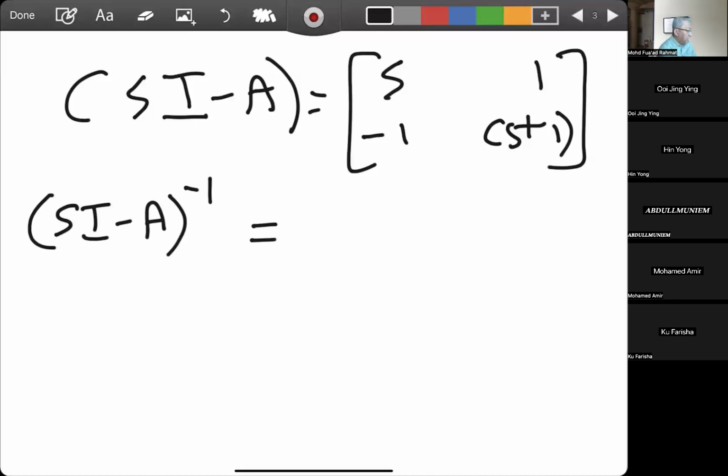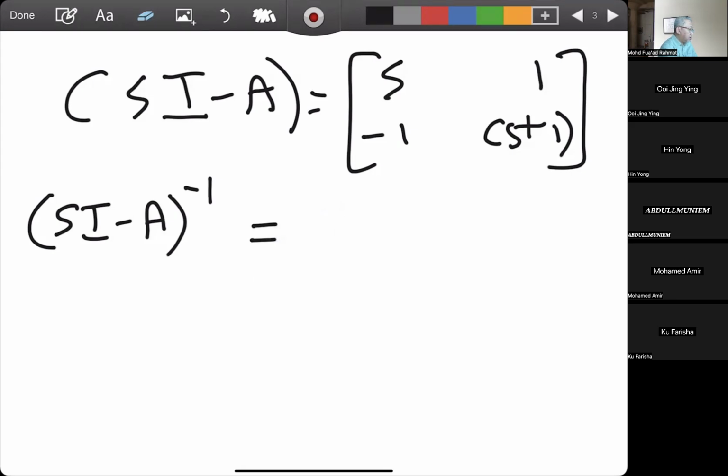The one that I wrote here. What is the definition of the inverse of sI minus A? The matrix itself divided by its own determinant.